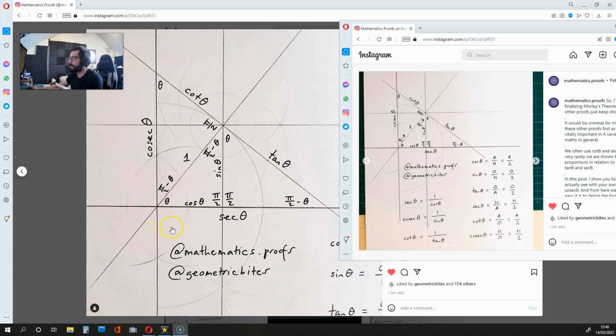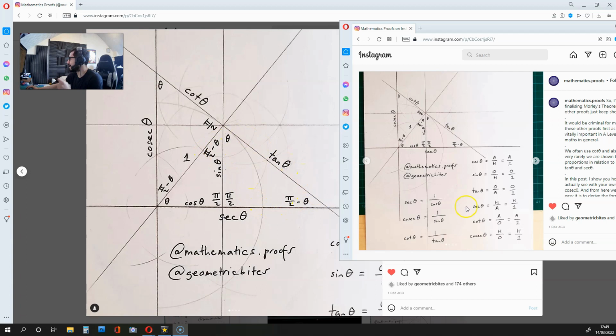So let's start naming the proportions. Over here we have the angle theta, and over here we have a right angle, and this is a right-angled triangle. The adjacent side is equal to 1. Since sec theta is hypotenuse over adjacent, it is simply the hypotenuse, because the adjacent is equal to 1.